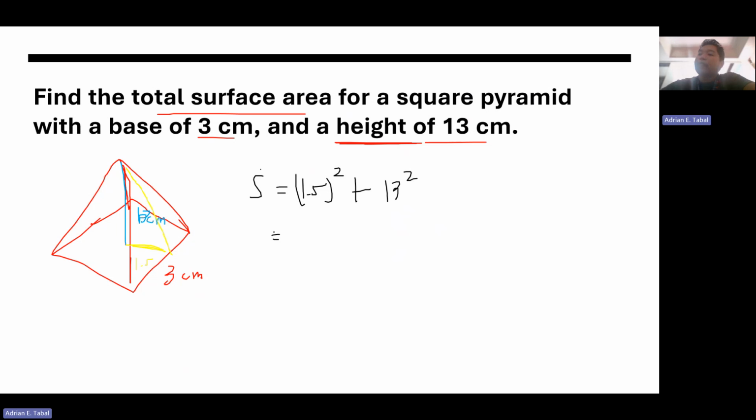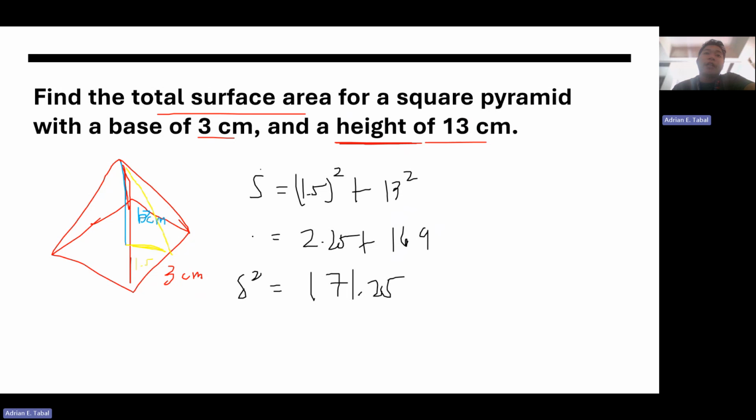Calculator, that's 1.5 squared, 2.25, plus 13 squared is 169. Let me check. Okay, 169 plus 2.25 is 171.25.